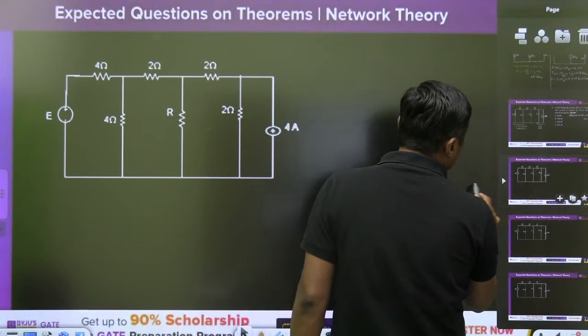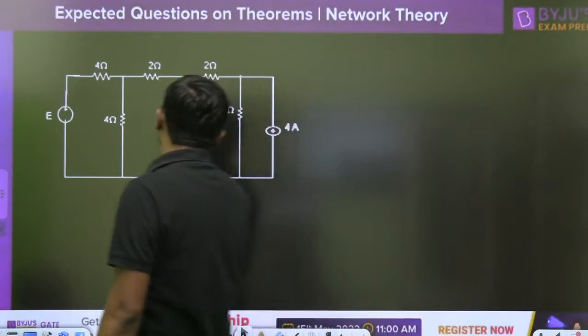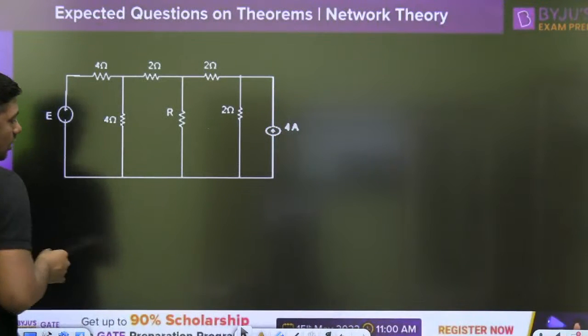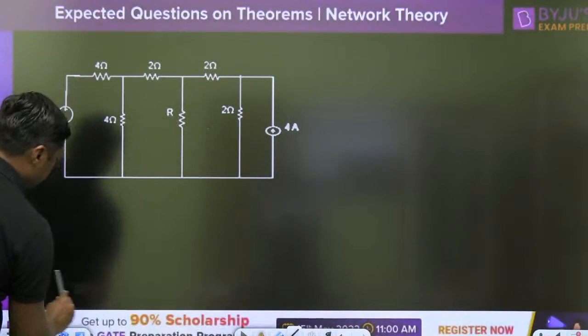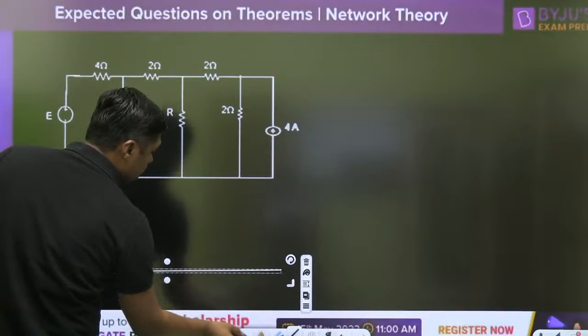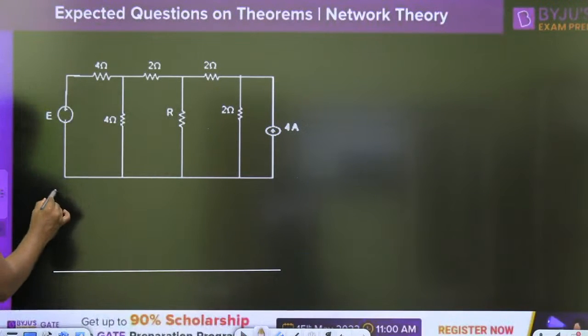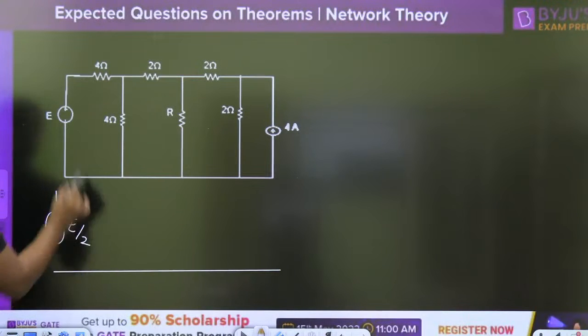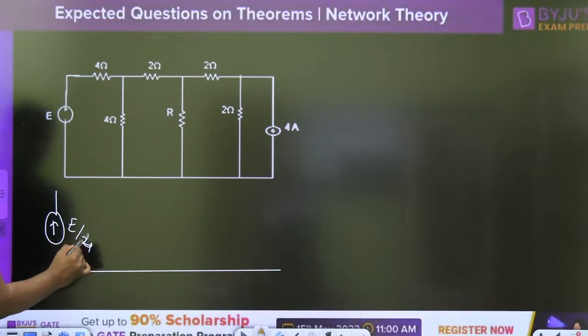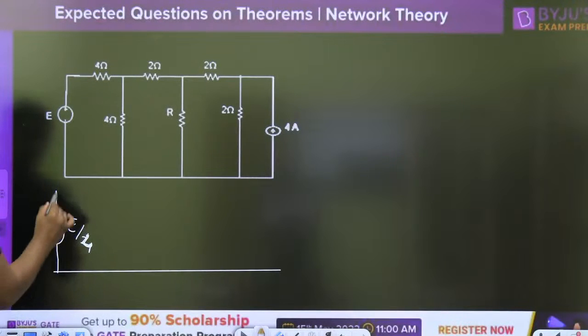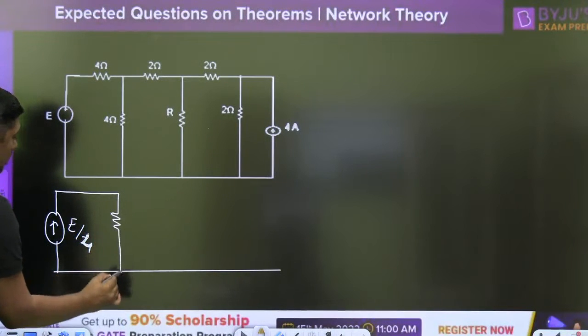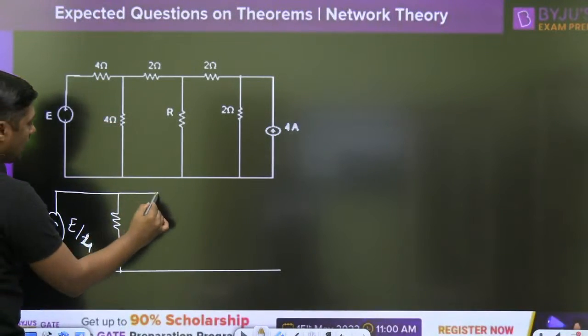So how to solve this question, everyone? Give me the answer. What is the maximum power delivered to R? First of all, I am converting it into a current source. It will become E by 4, sorry. This 4 ohm and this 4 ohm are in parallel.